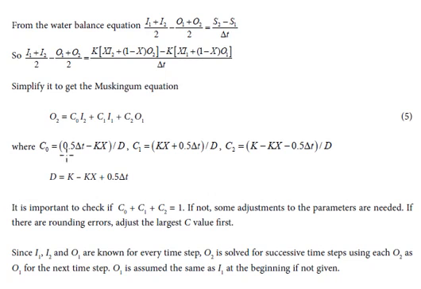C0 is given by 0.5 times the time interval minus K into X, divided by D, where D is K minus KX plus 0.5 times delta T. The important check here is that the sum of constants C0, C1 and C2 would be equal to 1.